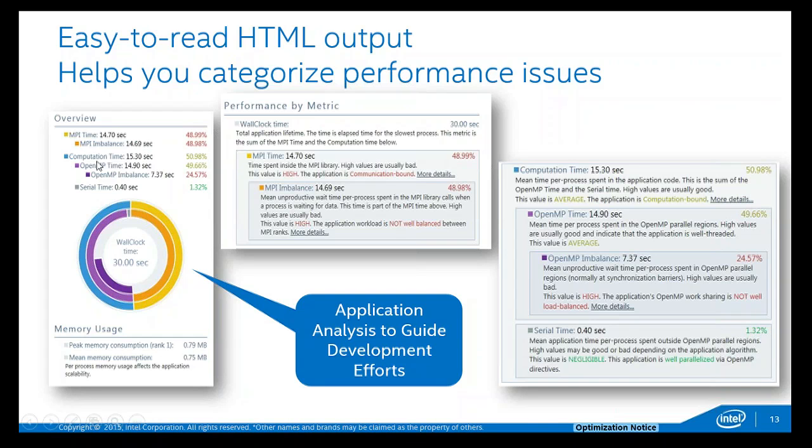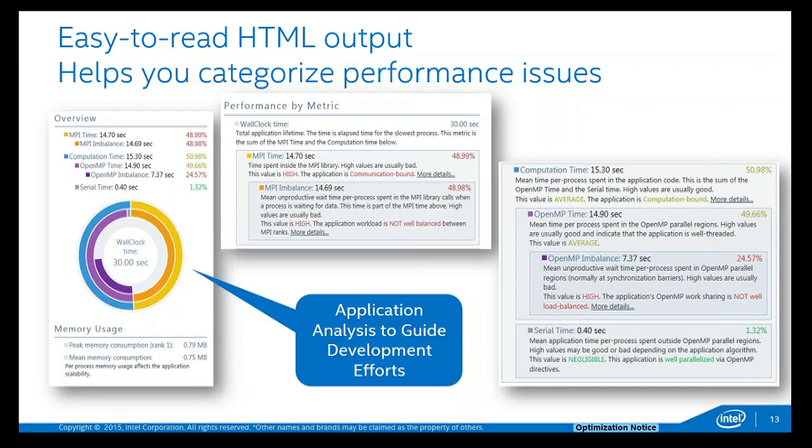And then the rest of my time is spent in computation, but the computation can actually be divided up into time spent in OpenMP, which is good. Generally you want to spawn a bunch of threads in addition to your MPI ranks in order to do the extra task parallelization.